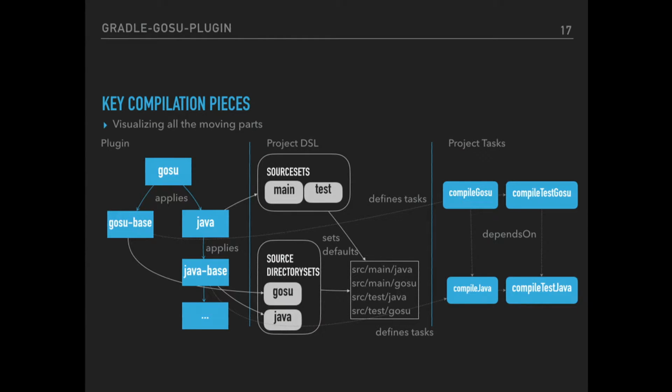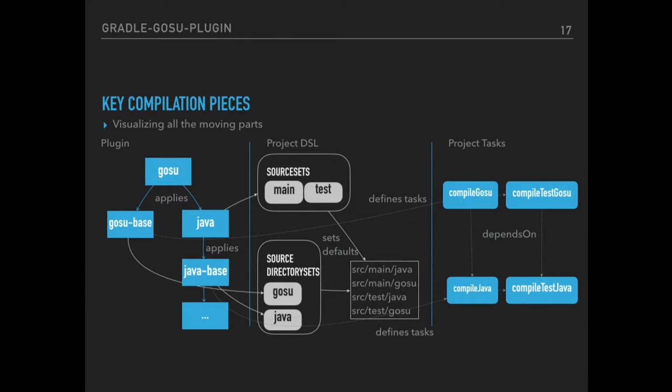Java plugin applies Java base and a couple more nested underneath that. The Java plugin defines two source sets. That's your typical things you see, the main and the test, while the Java base plugin as well as the Gosu base plugin define their own source directory sets. That's the getGosu or getJava, getGroovy, things like that. That's the source directory set it returns.